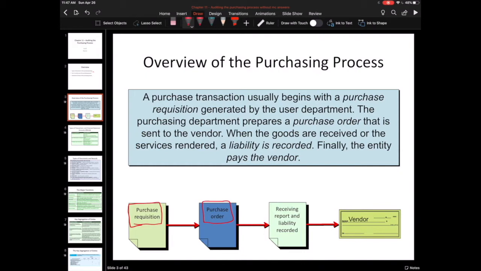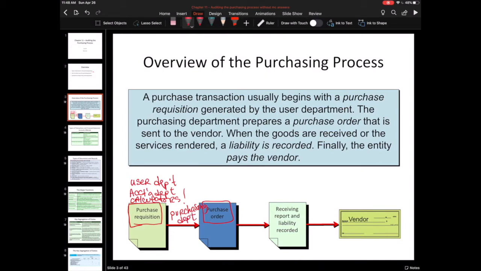So the purchase requisition, when we say user department, that means any department in an organization. So for instance, like the accounting department could say, hey, we need more calculators or whatever. And so they will fill out a purchase requisition that they then send in to the purchasing department, right? So they send this to purchasing department.